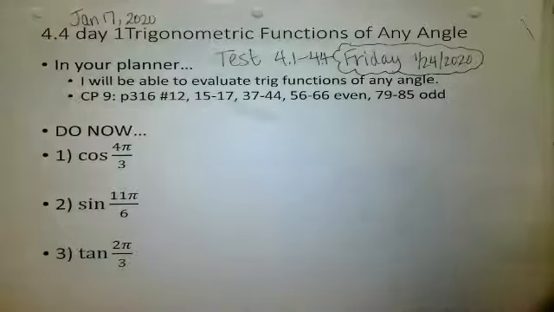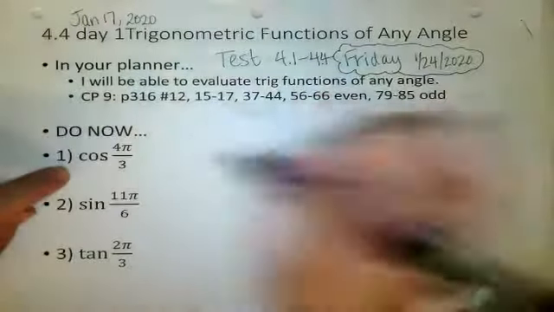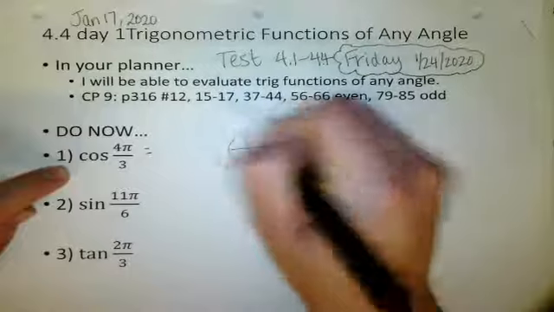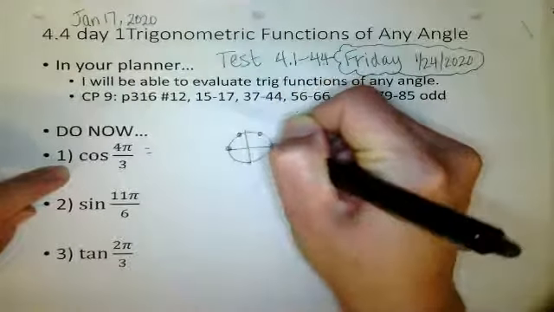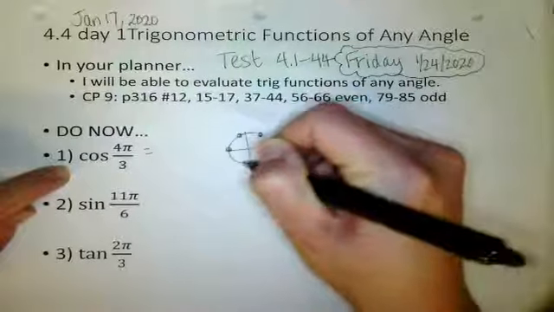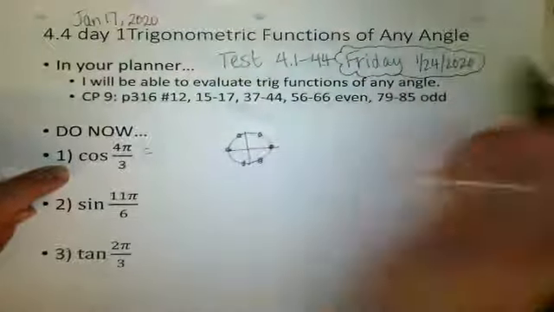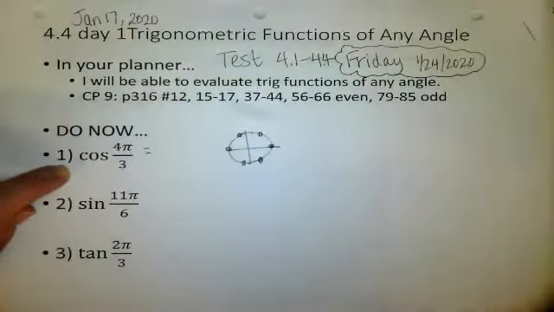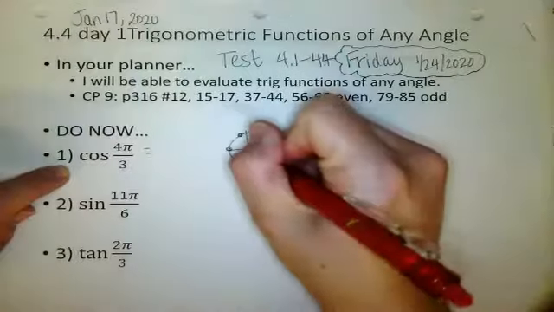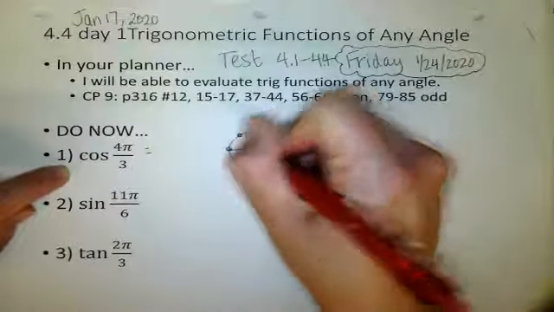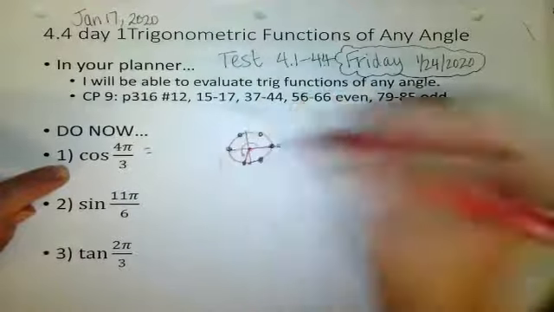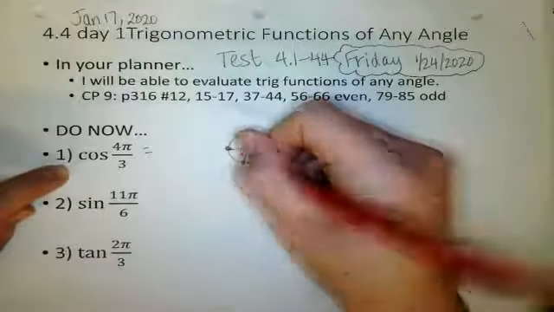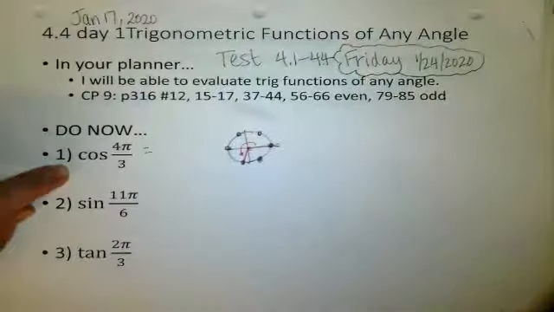Okay, so real fast here, cosine of 4 pi over 3. Making a little sketch. I'm going to take pi and divide it into 3 pieces on top and 3 pieces on bottom. Make a little sketch of my angle, 4 pi over 3. 1, 2, 3, 4 puts me here. There's 4 pi's over 3 in my third quadrant.